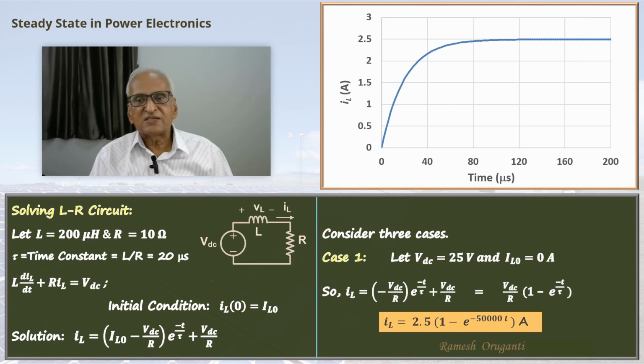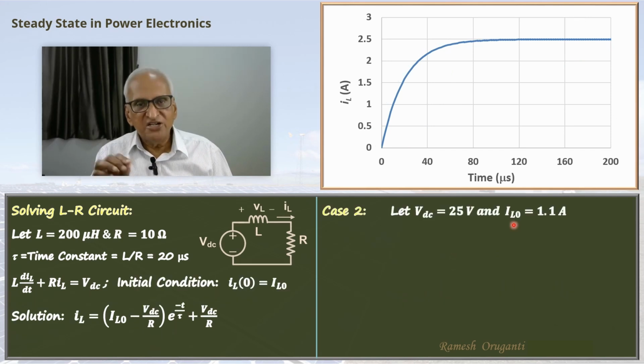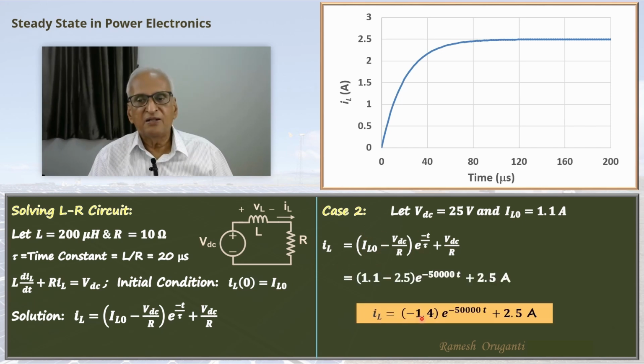So the next case is VDC is 25 volts and IL0 is not 0 amperes but instead 1.1 ampere. So none of the terms here goes to 0. Take that equation, plug in all the values. The equation becomes IL equals minus 1.4 e power minus 50,000 t plus 2.5 amperes. So this is the solution in this case.